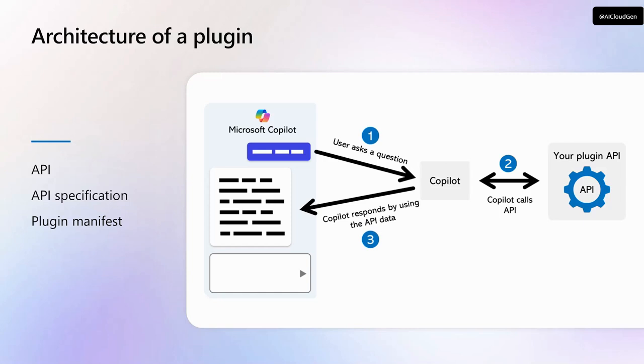So that's how it works. The three important pieces you want to have with the plugin are: the API should be developed using the Open API format; you need to have proper API documentation or specification; and the third one, you need to generate what we call the plugin manifest file, which is basically a JSON file. That is what Copilot will use to know when and how to use your plugin.